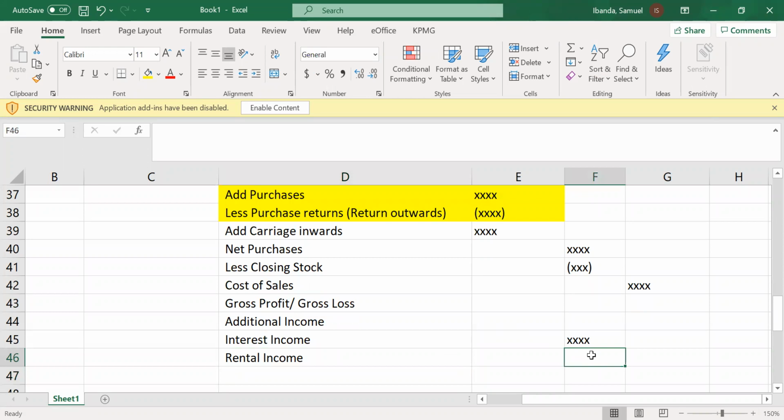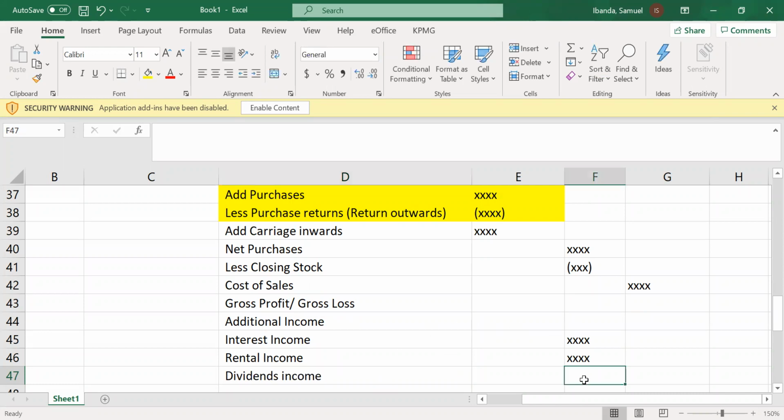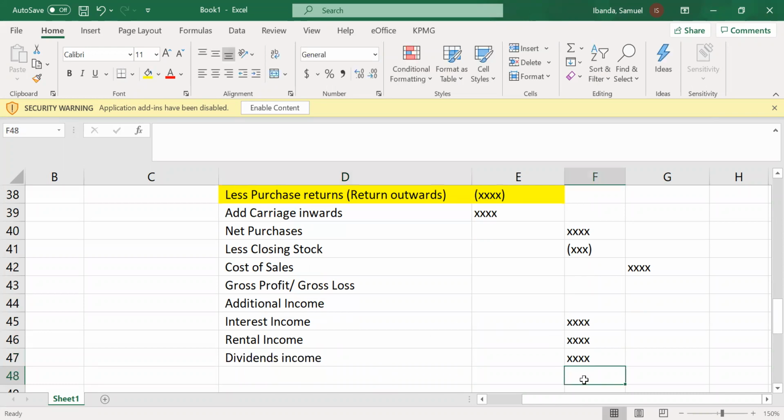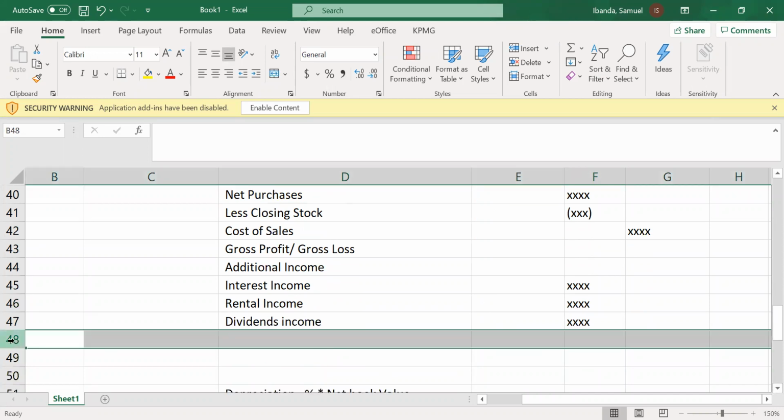You can also have dividend income. If you own shares in another company as a business and you are paid dividends at the end of the year, this could also be dividend income. So it is not only us that give dividends, we can also earn dividends as a company, just in case we have shares.